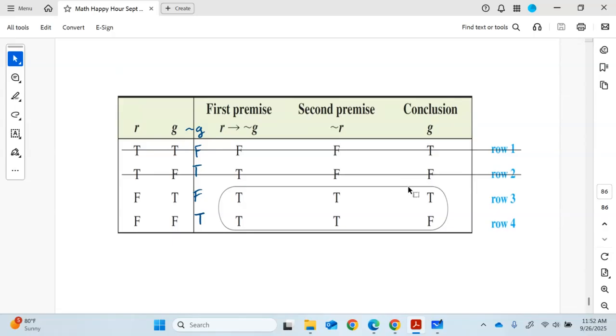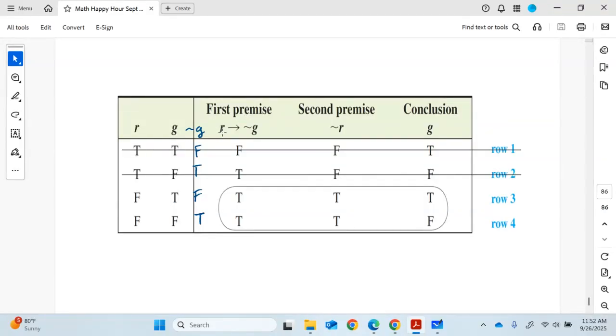So to create the table, maybe I could go ahead and do it if needed, but let me see if I could just go over it. Notice that my 2 statements are represented with the letters R and G. And I always start using the same pattern: true, true, false, true, false, true, false.